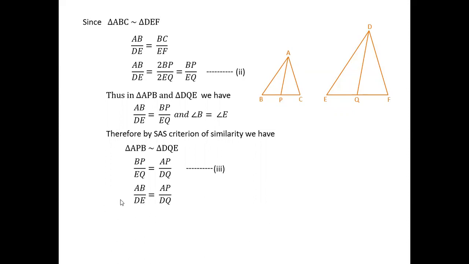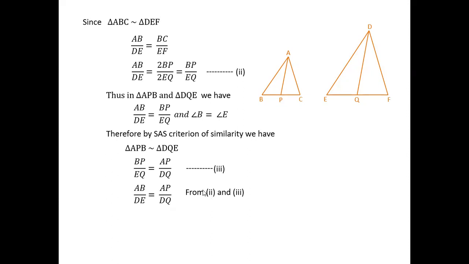Now, BP upon EQ is equal to AP upon DQ, and BP upon EQ is equal to AB upon DE. So let's replace this with AB upon DE. So AB upon DE is equal to AP upon DQ.